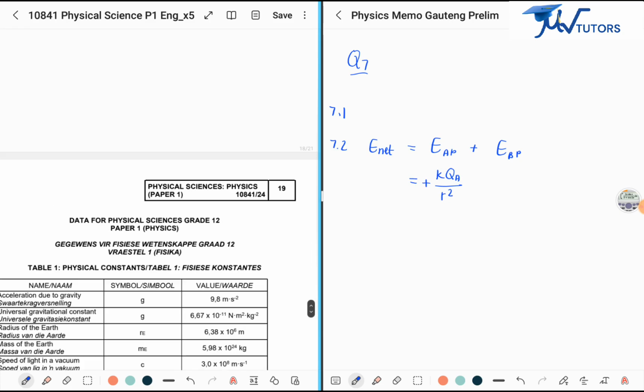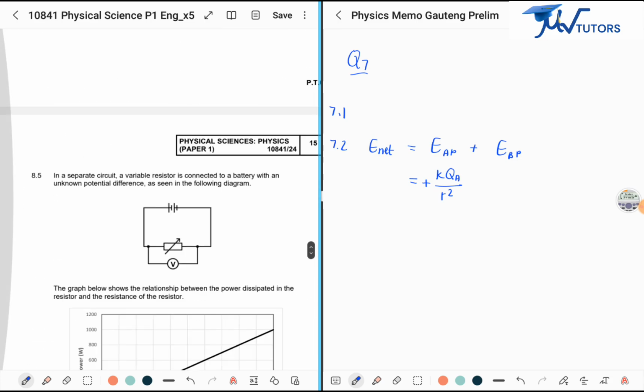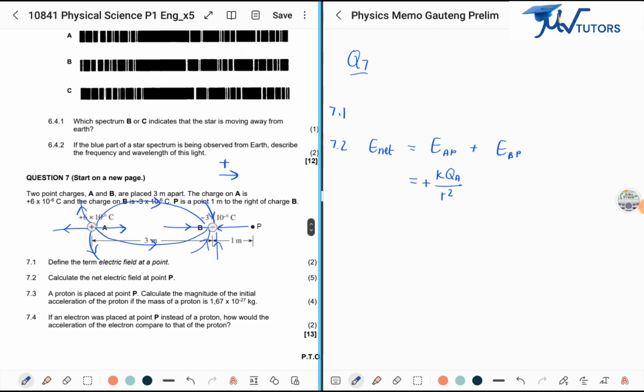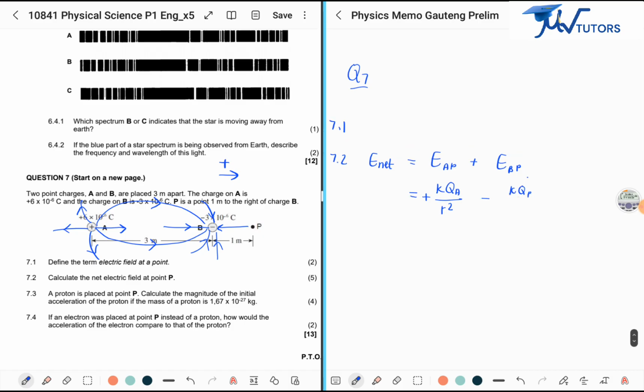Now let's look at our charge B. So B in relation to P, do you see it's going in the opposite direction? So that has to be negative. If you don't know which one is negative and which one is positive, your electric field lines will assist you in that regard. So K is 9 times 10 to the power 9.